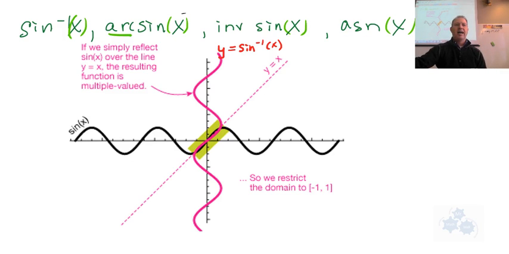But I do want you to write this down. These are different ways of stating the inverse of sine of x. Obviously sine to the negative 1 of x is what we've learned, but the more common one, the one that I'm going to use most of the time, is arc sine x.